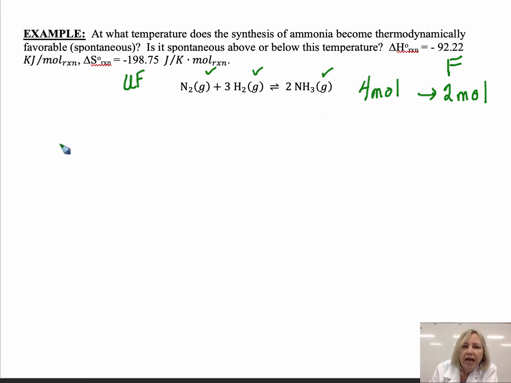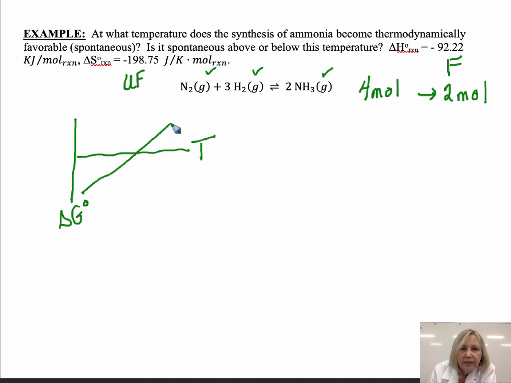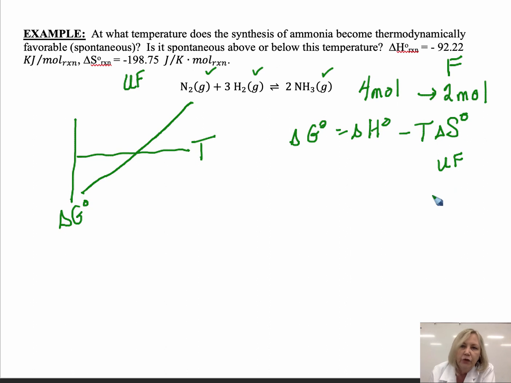All right, so now to do this, let me sketch this for you. So this would be my delta G naught. That's my temperature on the x-axis. If I have an unfavorable delta S, that means it's enthalpy driven. As I increase temperature, it's going to become less and less favorable because that increase in temperature is going to start maximizing or amplifying that unfavorable entropy.